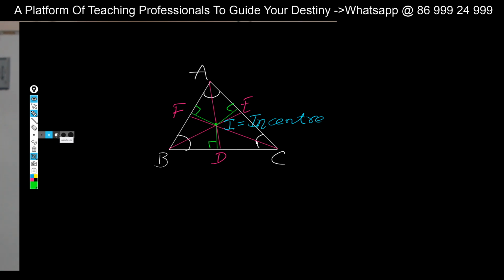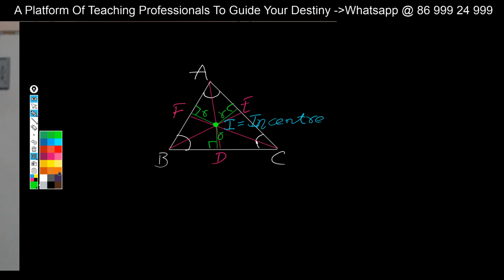And the perpendicular distance from this I to the side as radius. If you draw a circle, this is radius, smaller r. The notation is also smaller r, standard notation. If you draw a circle, that circle touches all the three sides internally.